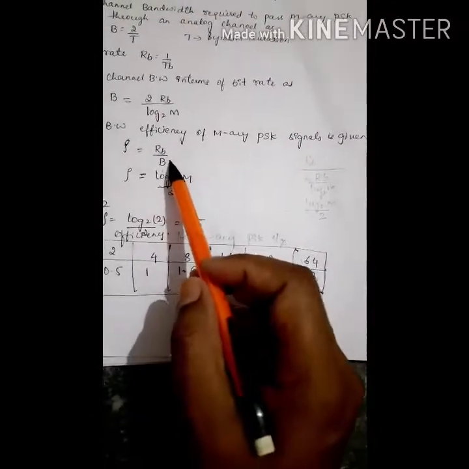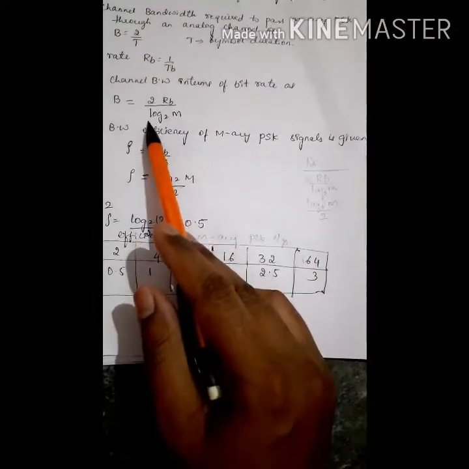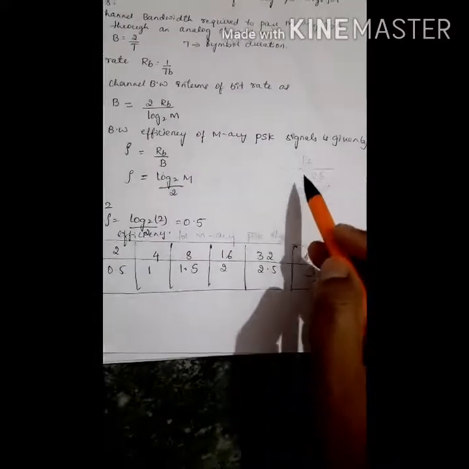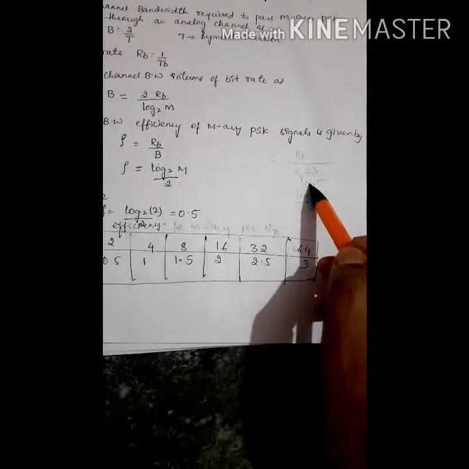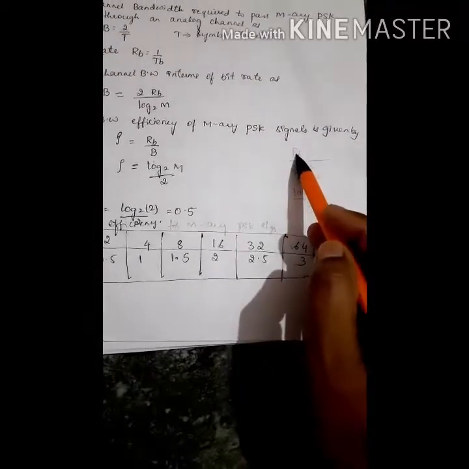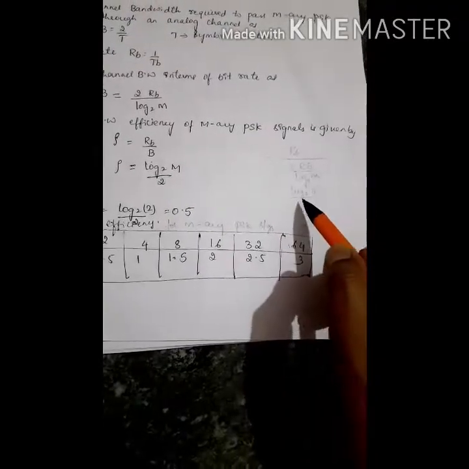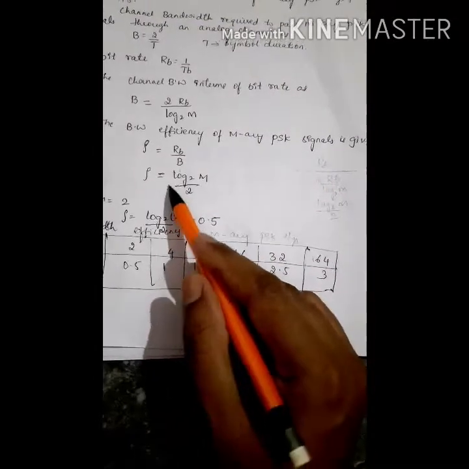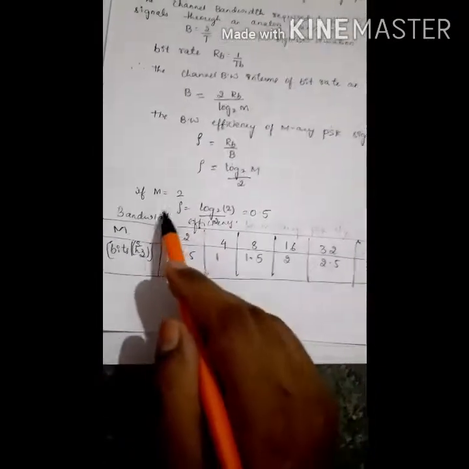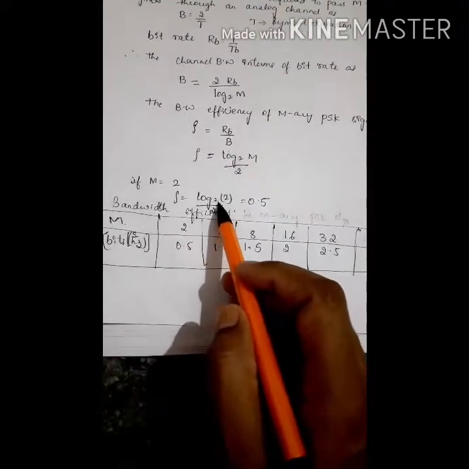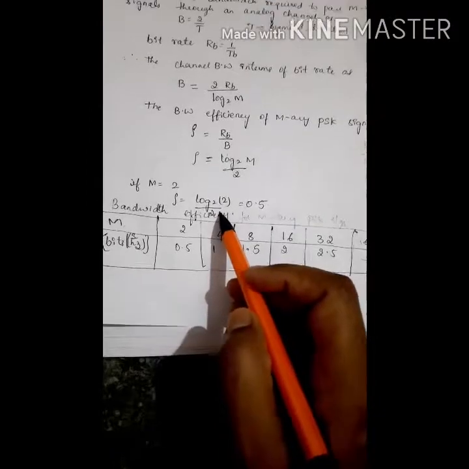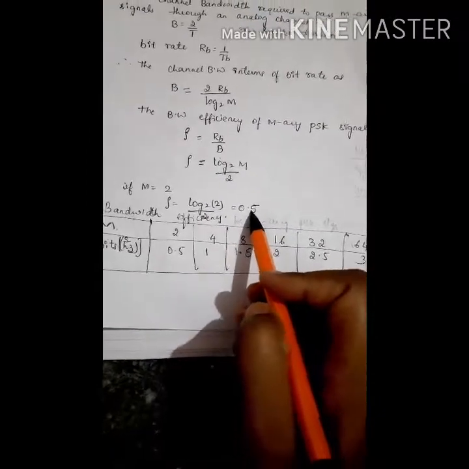Next, B can be written, as we know, as 2 RB by log base 2m. So RB gets cancelled, and we get rho equals log base 2m by 2. Consider if m equals 2, therefore rho equals log base 2m by 2, so we will get the answer 0.5.